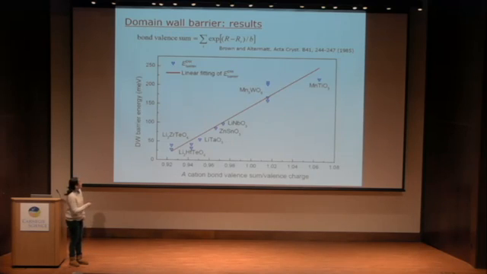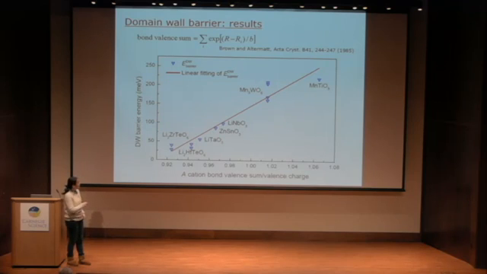So we find that if we use the bond valence sum as our empirical parameter, where R is the bond length between the A cation and the oxygen cage, and R0 and B are empirical parameters. So on this x-axis, if the bond valence is smaller than 1, it means the A cation is loosely bound to the environment. If it's larger than 1, it's overbound to the environment.